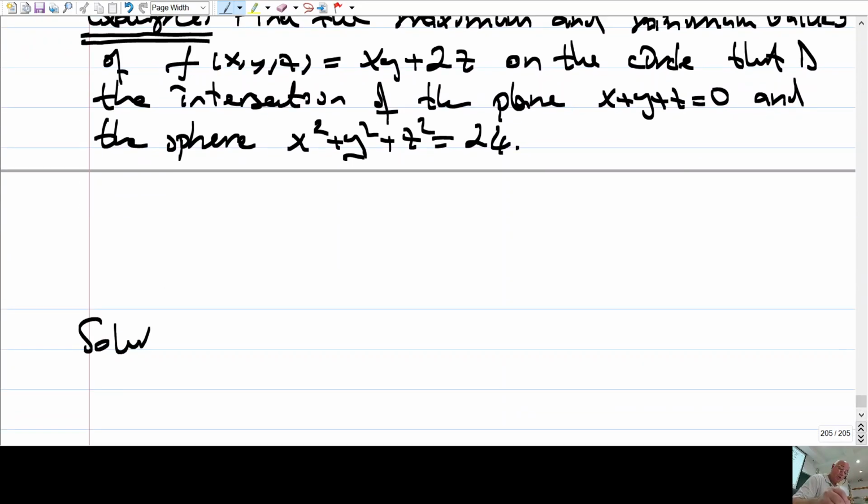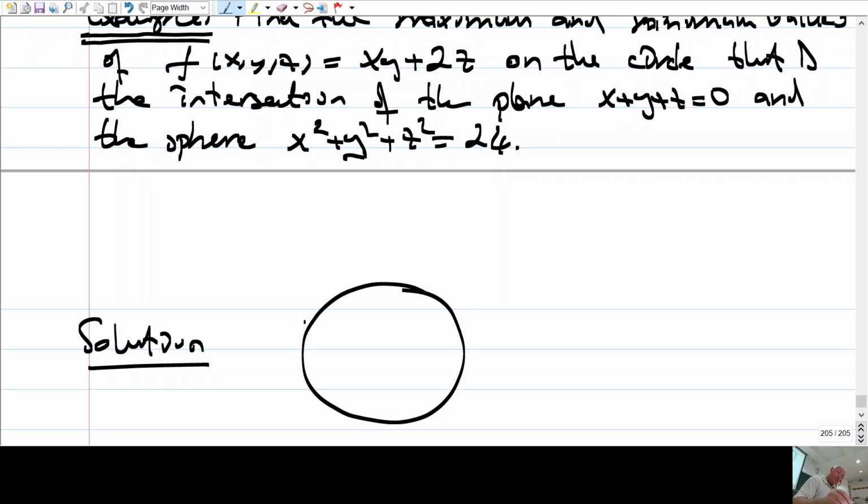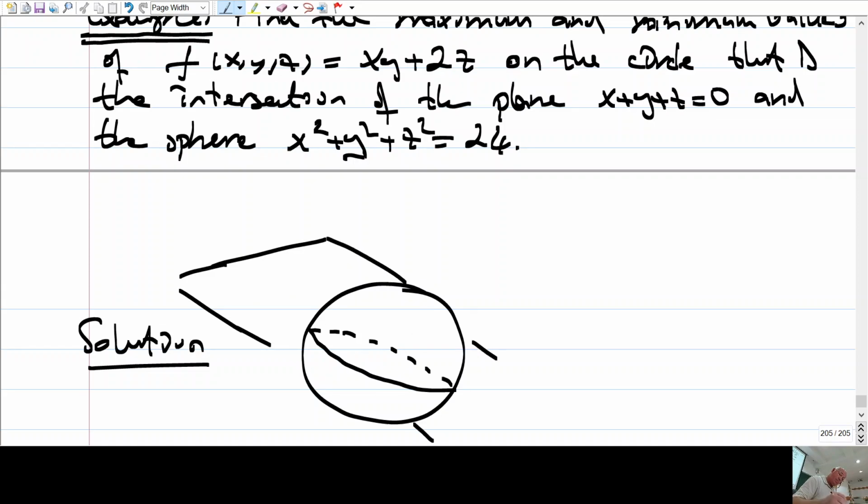Yani şunu yapmak istiyoruz. Elimizde bir tane küre var. So we have a sphere and we cut this sphere with a plane. Okay. So when we cut this sphere with a plane, you get a circle like this. Suppose this is the plane. And this is the intersection circle.